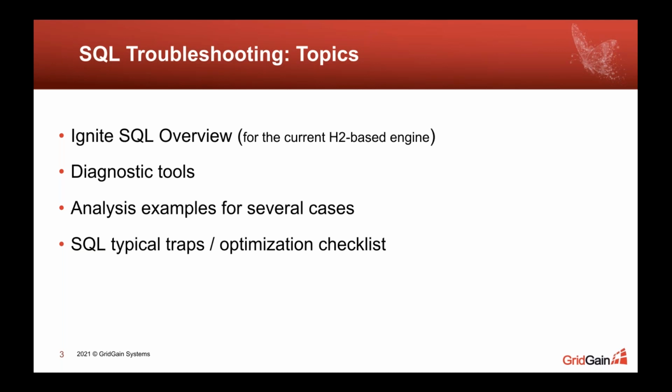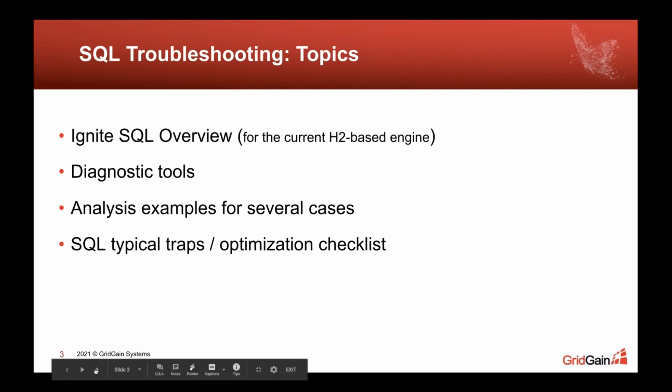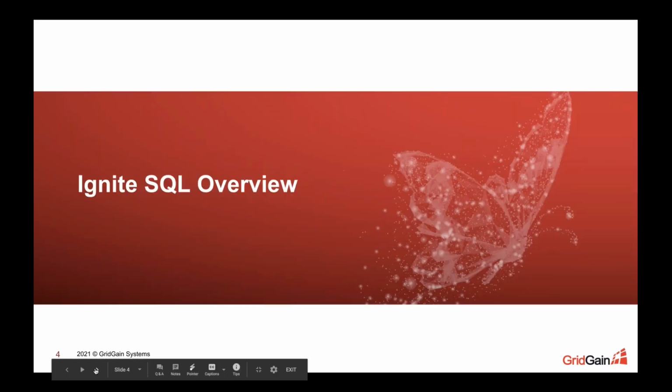After that, we are going to discover tools that aim to troubleshoot cases when queries work in a kind of unexpected manner. We'll have a look at a couple of typical usage scenarios after that, and eventually we'll establish maybe something like a checklist for SQL queries. So let's start with the overview.